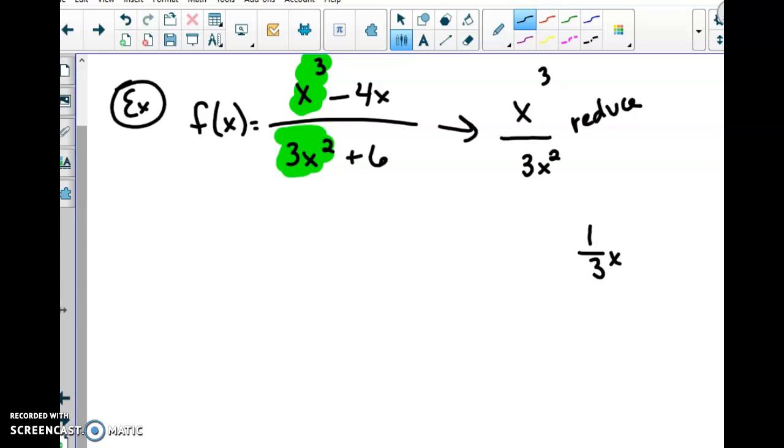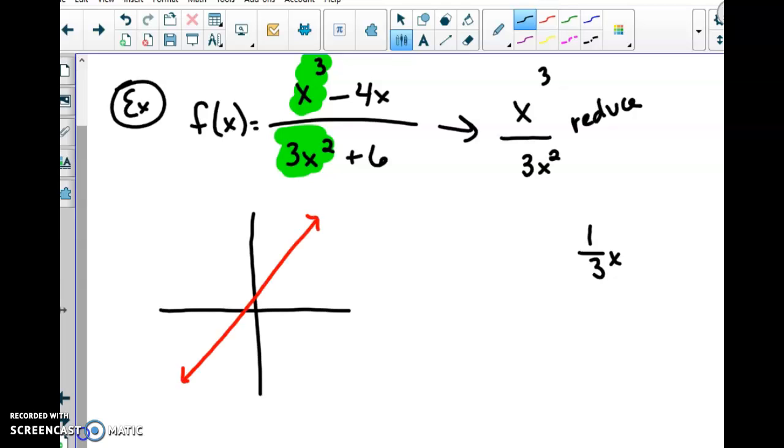Now, I'm only thinking about the end behavior, so the left and right as it goes towards infinity on both sides. So this is a little bit easier to think about. The graph of 1/3 x, that's just a line, that's just a slope.